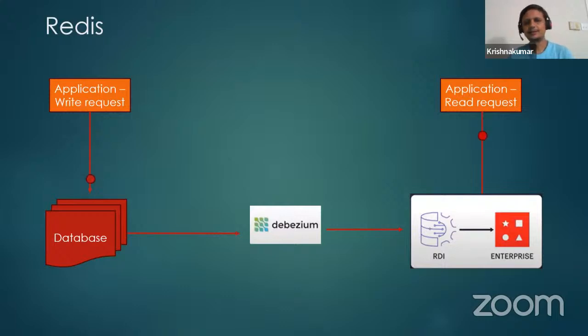Then when the application makes a read request, the data is converted through the open source tool called Debezium, and then converted into a Redis format database, which is called Redis Enterprise. RDI is nothing but Redis Data Integration. So this is how the data is converted from the source database to the Redis database.